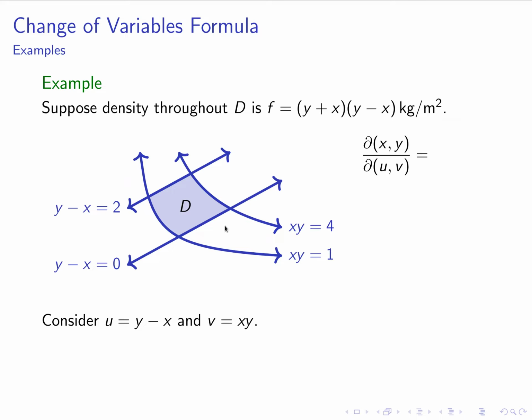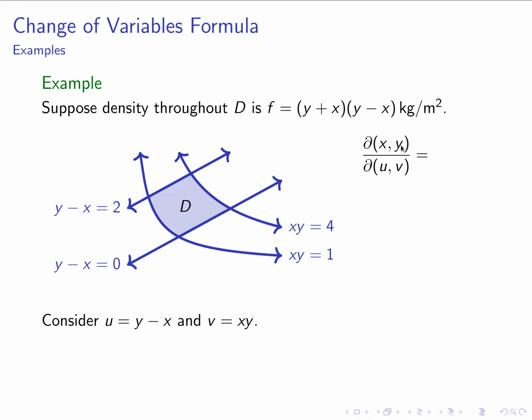So if we were to use the change of variables formula, we would need the partials of x's and y's with respect to u's and v's, but I don't have convenient access to that data because I haven't solved x and y in terms of u and v. The example we did previously, where we mentioned the inverse function theorem, tells us exactly how to bypass this issue.